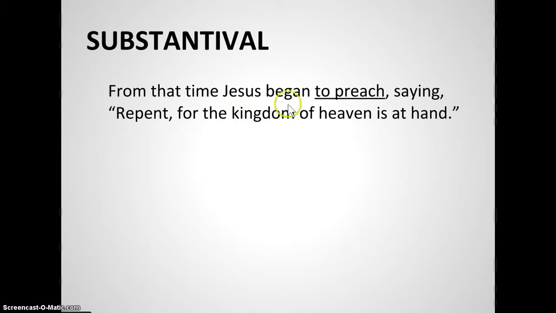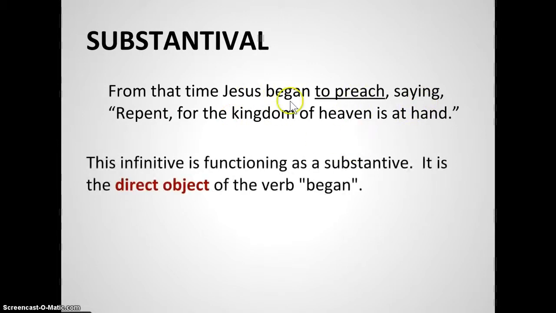Now here's a substantival infinitive. From that time Jesus began to preach, saying. Now if you ask yourself, Jesus began what? Well, he began to preach. So that tells us that this infinitive here is the direct object of the verb began. Remember, that's how we find direct objects. We ask ourselves, what? So you take the subject plus the verb. Jesus began what? Well, he began to preach.